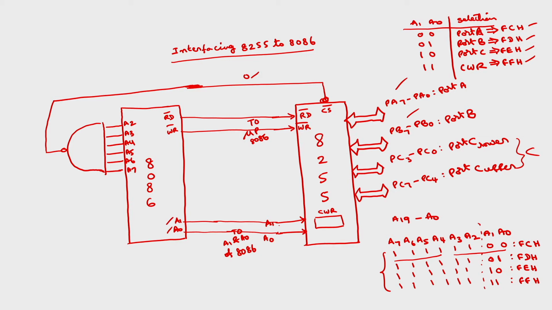Now I will discuss how to connect the 8086 to the 8255 for given address locations. Suppose you are asked to interface the 8255 to the 8086 to meet the following specifications.